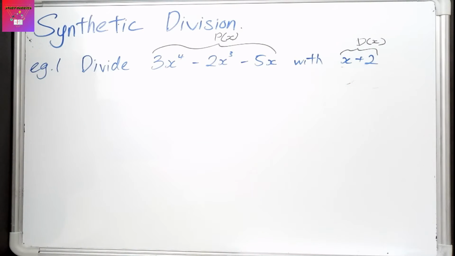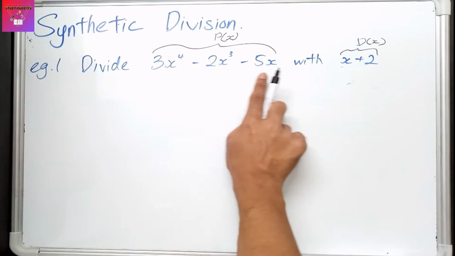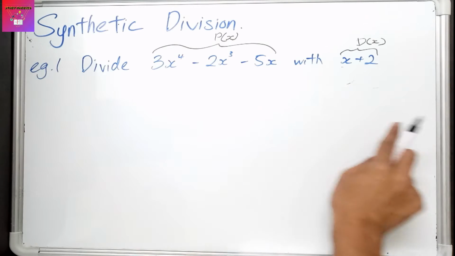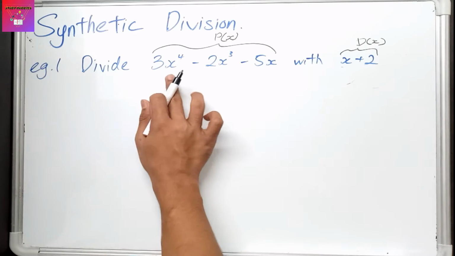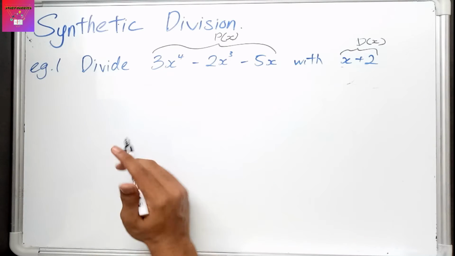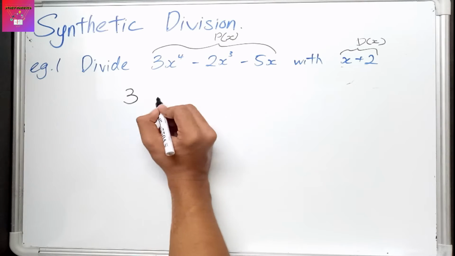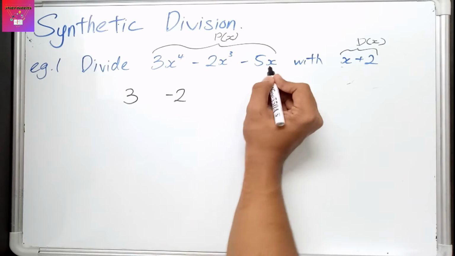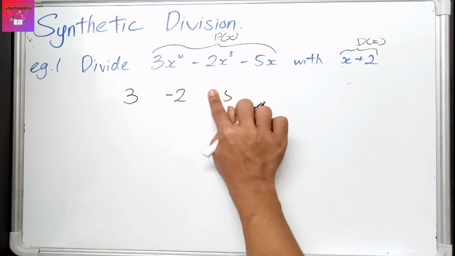Now we are going to list down all the numbers which are in front of the coefficients here. Starting off with x to the power of 4, since this is an equation with power 4, we are going to have 3 first, followed by negative 2 for power of 3.